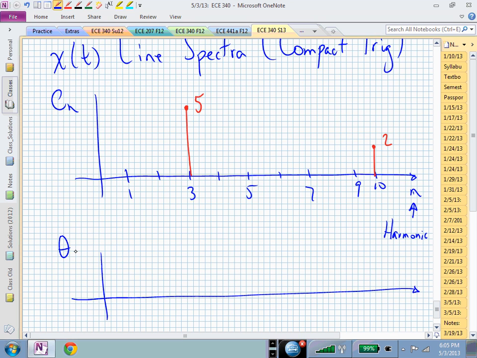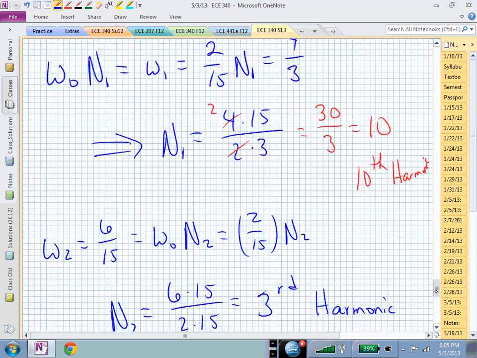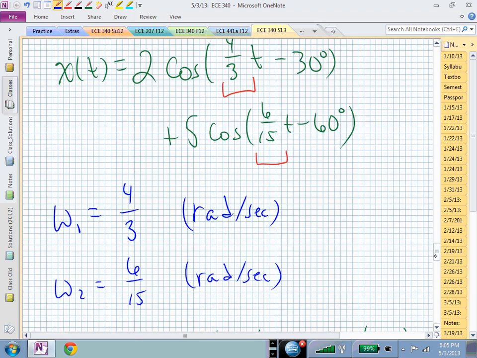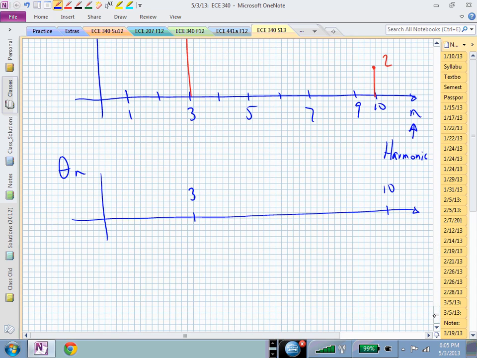Then you could sketch theta sub n. At these different harmonics. For the third harmonic, that had an angle of minus 60, and for the 10th, it had an angle of minus 30. Meaning now I'm down here. And if I wanted to, you could have labeled these in terms of the frequencies.